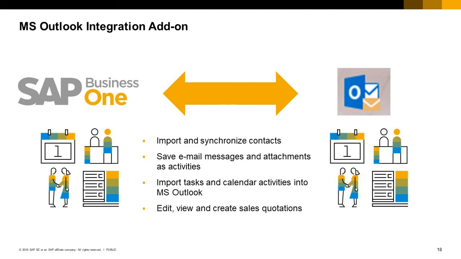Edit, view, and create sales quotations and save them to SAP Business One. Most importantly, Microsoft Outlook integration helps increase your productivity and simplify your work. It provides you with a holistic, integrated way to manage your schedule, email, and activities while giving you access to all the latest information from SAP Business One.